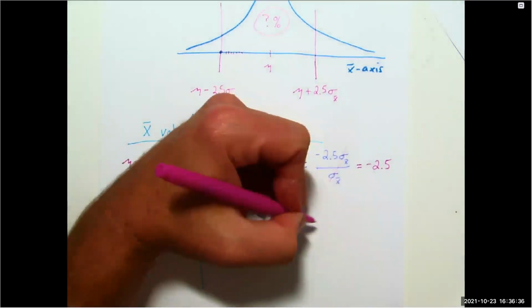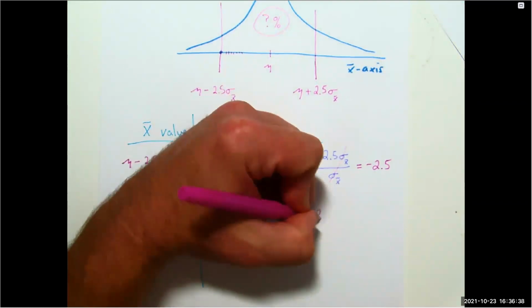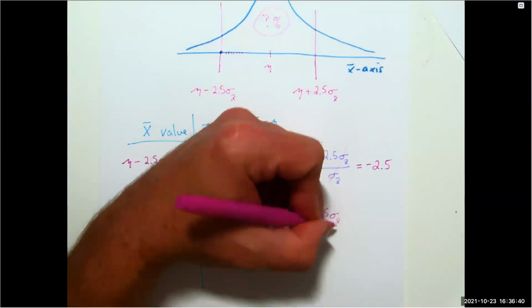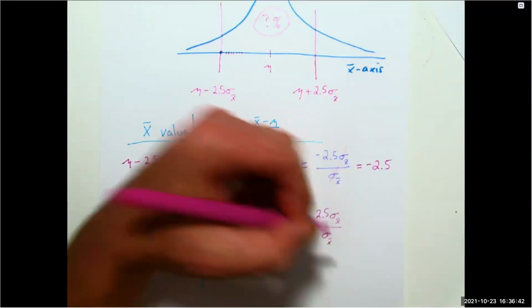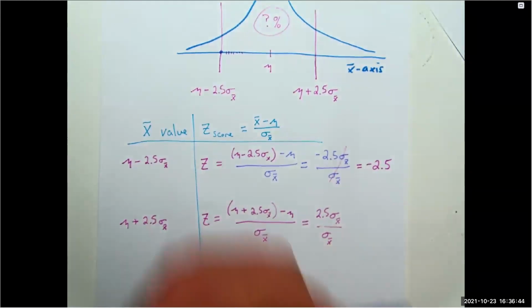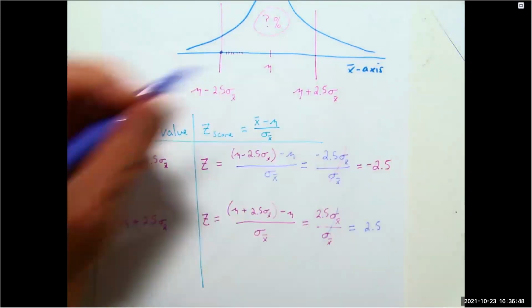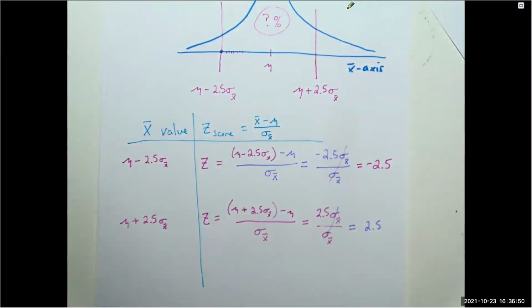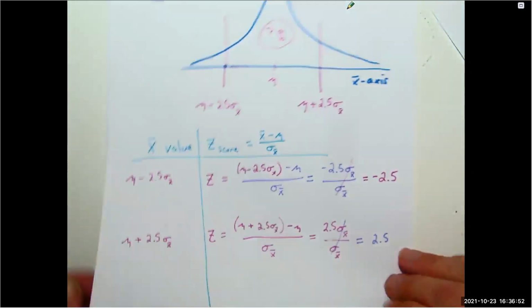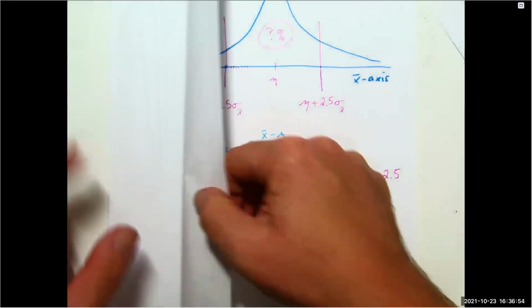You can subtract mu from mu, and then we're getting 2.5 sigma sub x bar over sigma sub x bar. The sigma sub x bars will divide out, and you're just left with 2.5. Okay, so now what we're going to do is use the standard normal curve.